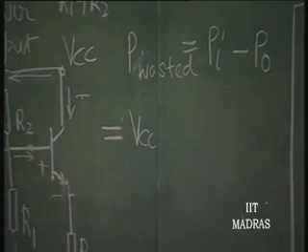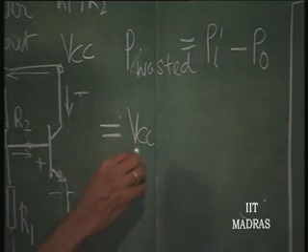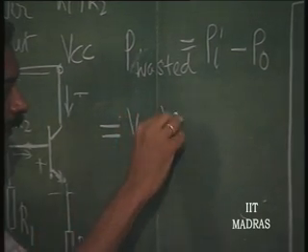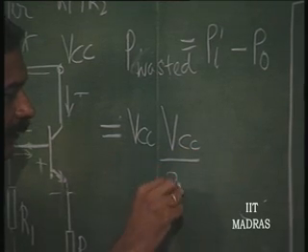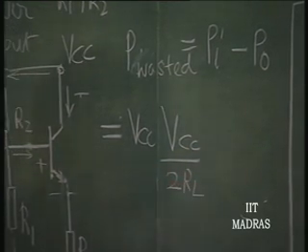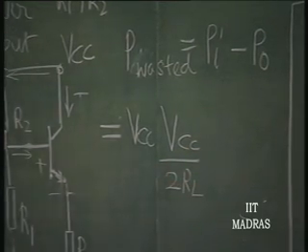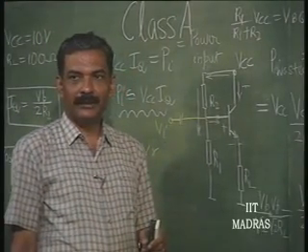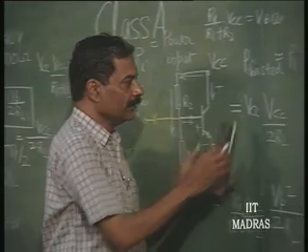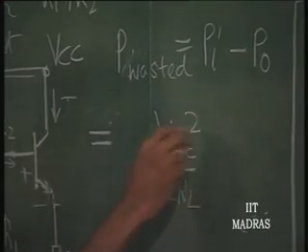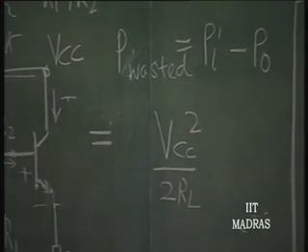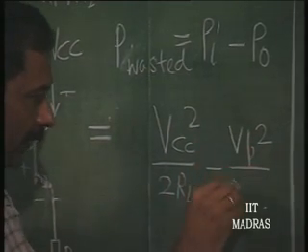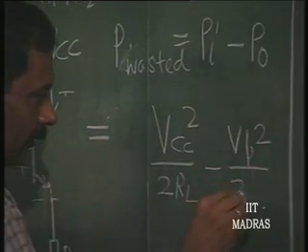IQ is already decided as Vcc divided by 2 RL. So, this is going to be Vcc squared divided by 2 RL, and output power is Vp squared divided by 2.